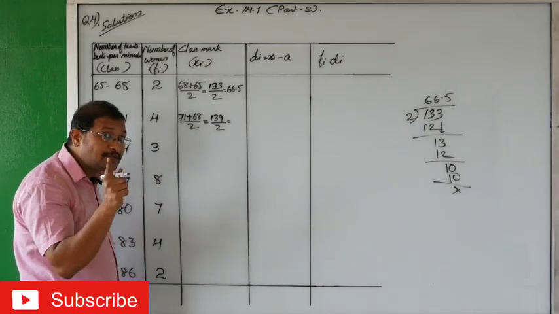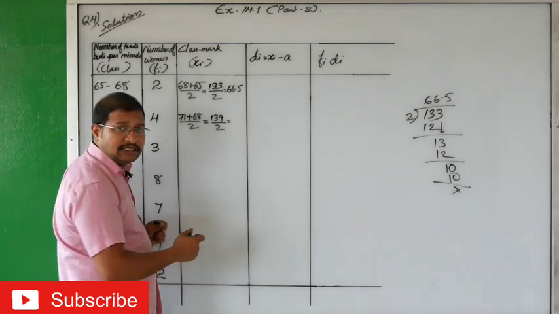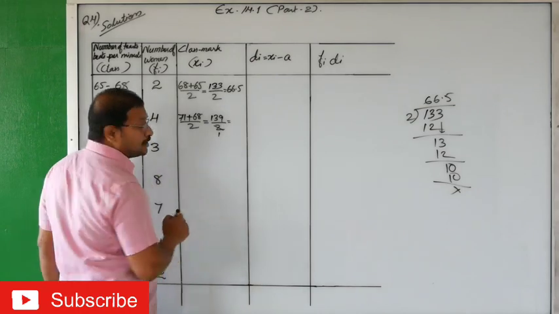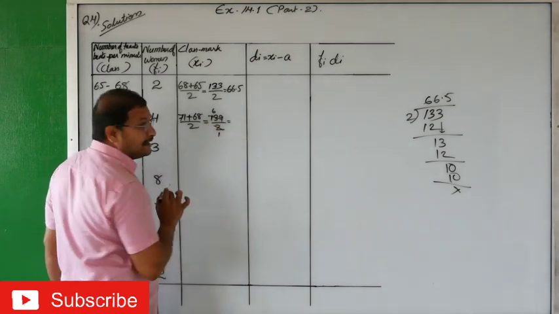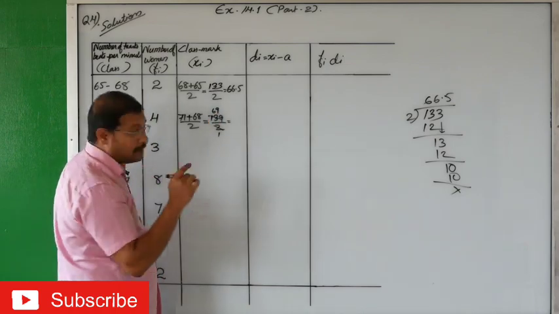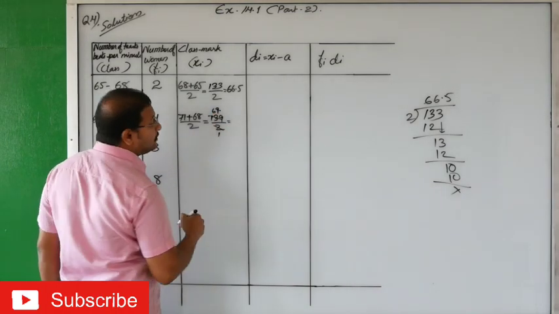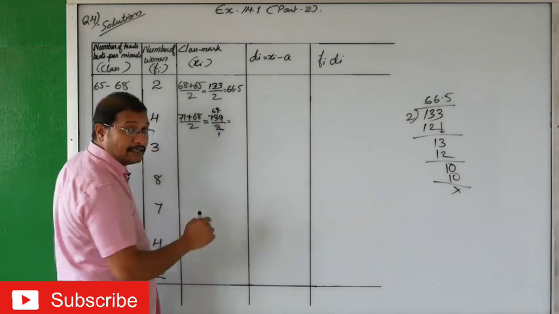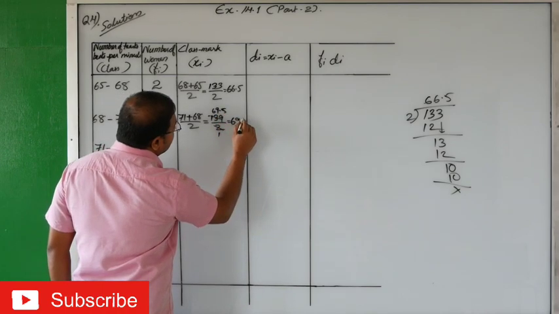I am cancelling here; otherwise you have to divide it this way. 2 1s are 2, 2 6s are 12, balance 1. 1 means 19, 2 9s are 18, balance 1. Put a decimal point and 10, 5 2s are 10. So your answer is 69.5.